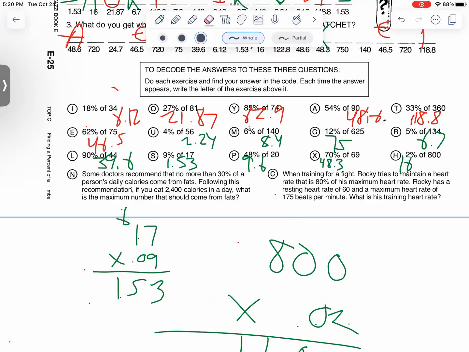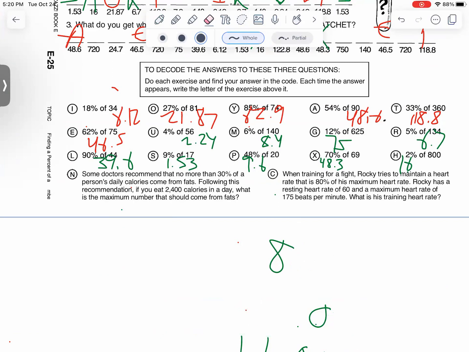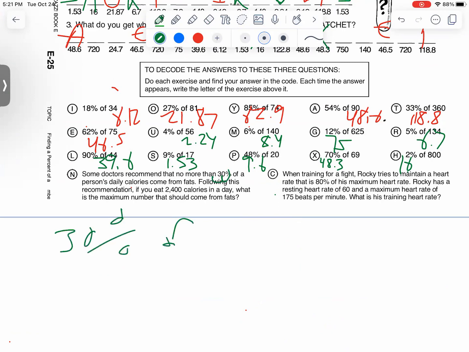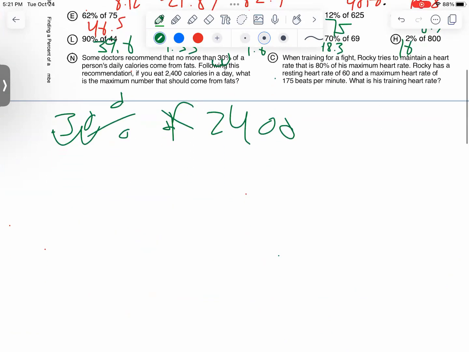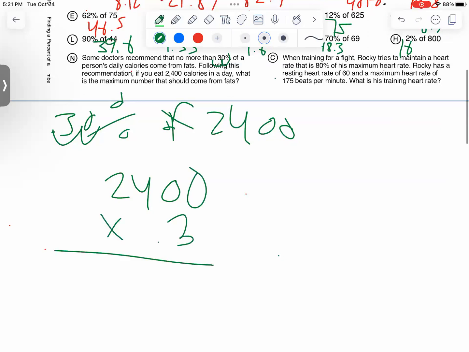All right, down to the last two now. Some doctors recommend no more than 30% of your daily calories from fat. Following the recommendation, if you eat 2,400 calories, what's the maximum number that should come from fat? So 30%, just notice here, we have 30% of 2,400, right? So that's going to be 0.3 times 2,400. Okay, so I just have a couple of word problems today.